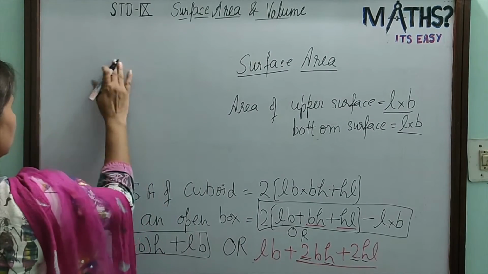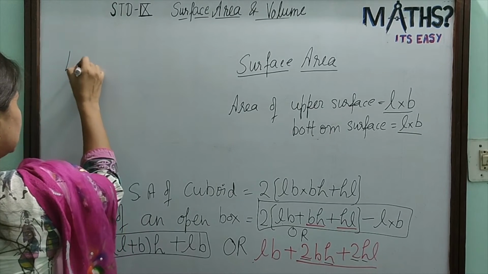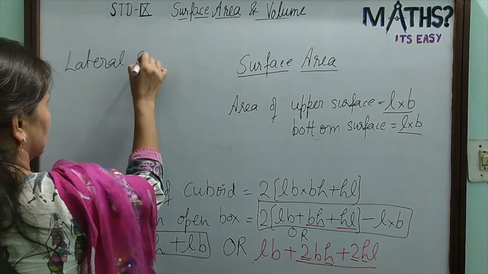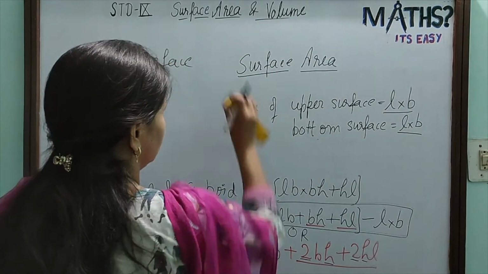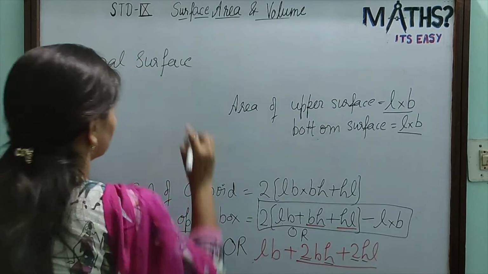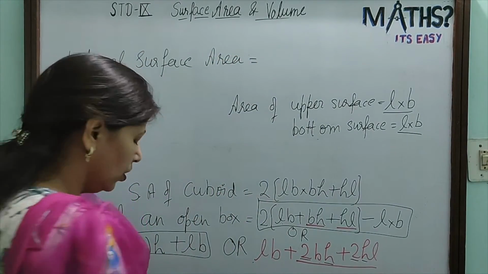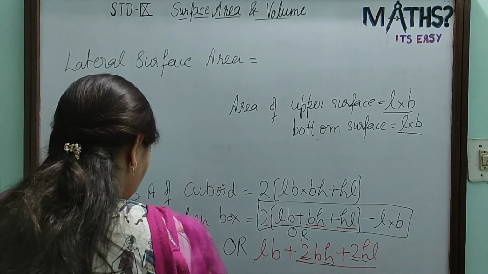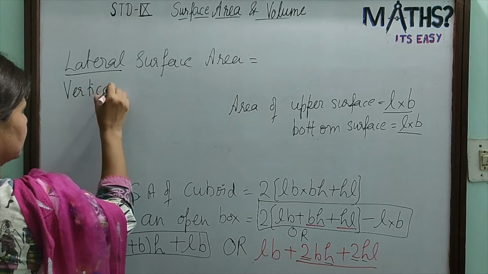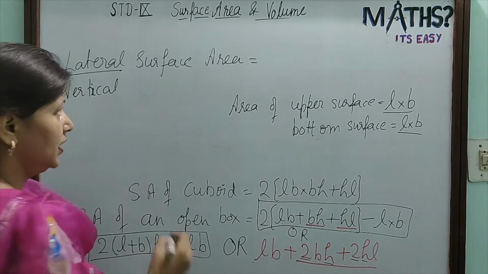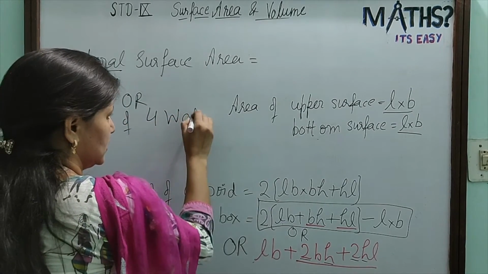One more thing, in the cuboid, lateral surface area. Lateral means vertical, or we can say lateral or vertical surface area or area of 4 walls.